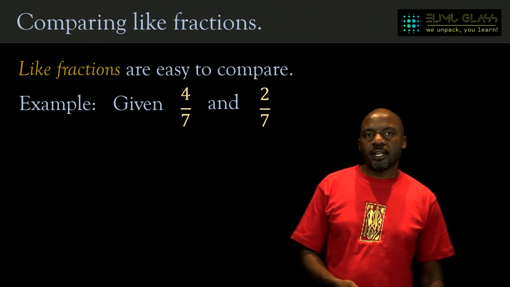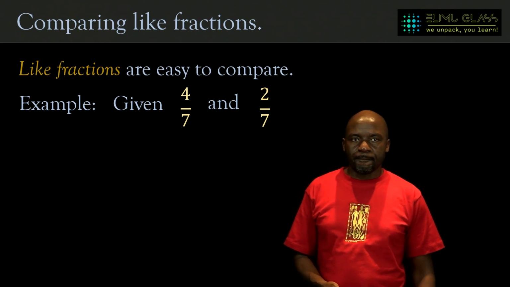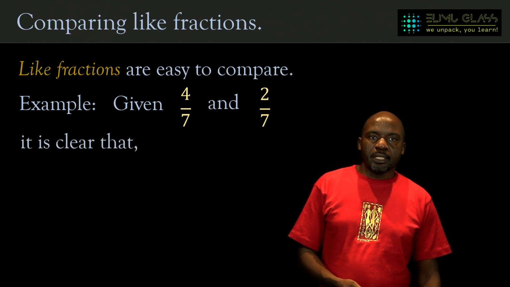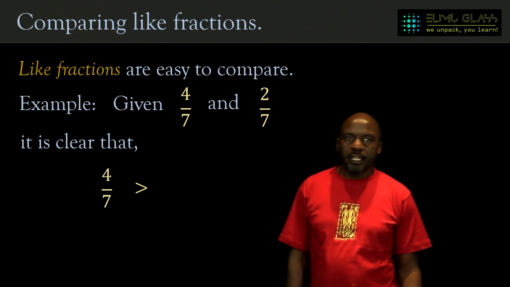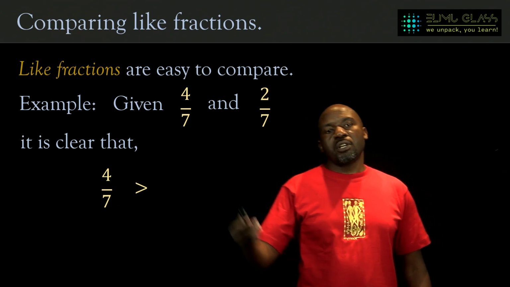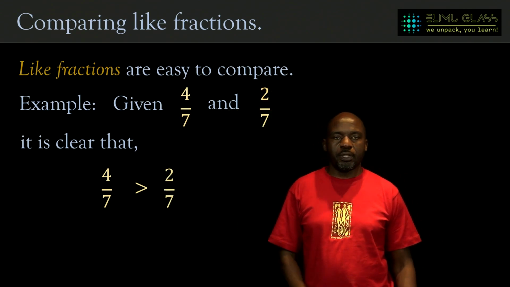So if the fractions are like, then comparing them becomes very, very easy. Okay, it is clear that 4 over 7 is greater than 2 over 7 because the numerator 4 is greater than the numerator 2 there.